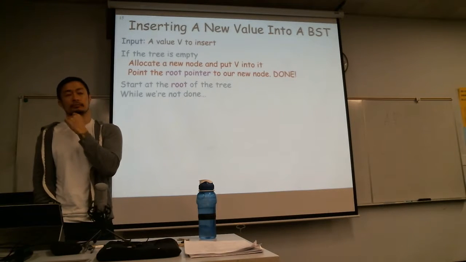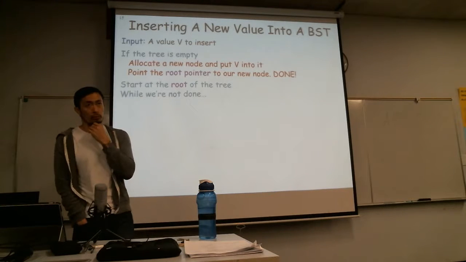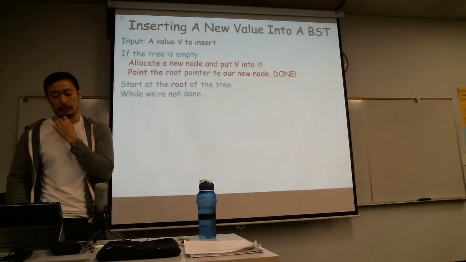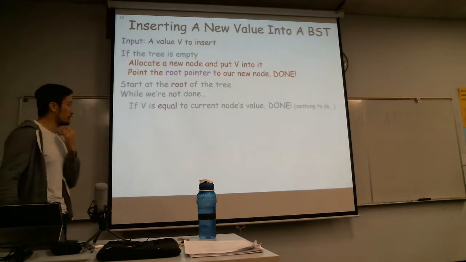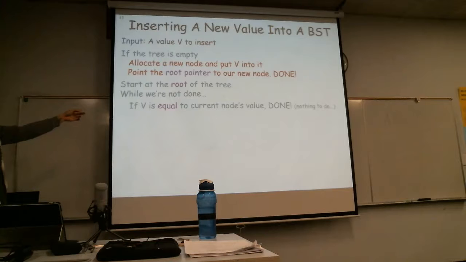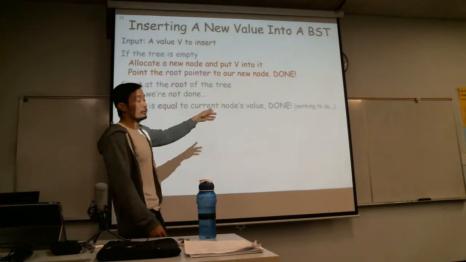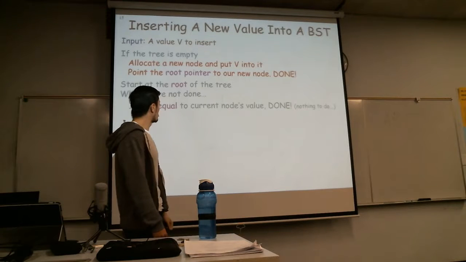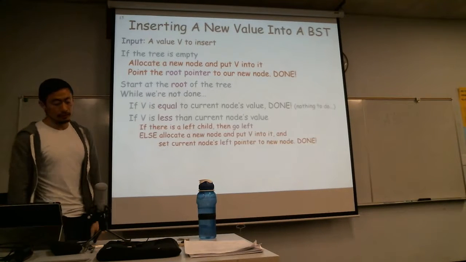Not yet. Well, we go until we reach a null pointer. And so that's part of it. Let's put all these pieces together, because I think you all phrased it. We just need to put it in order. And so if it's equal to the current node's value, we do nothing, because it's a unique tree.